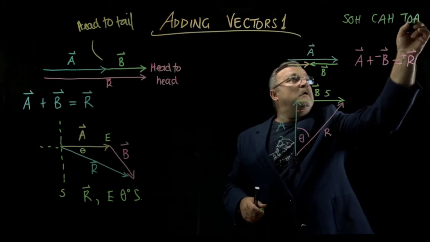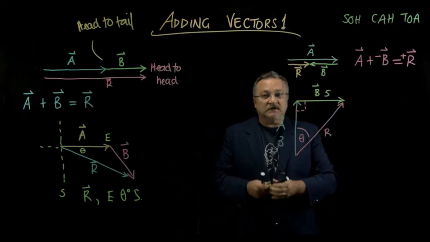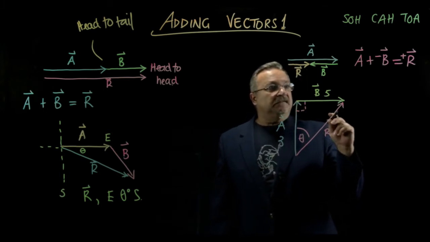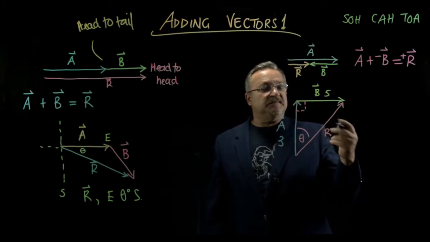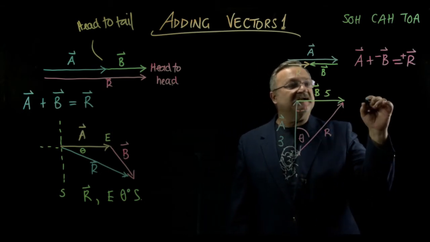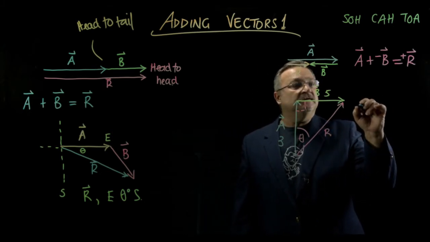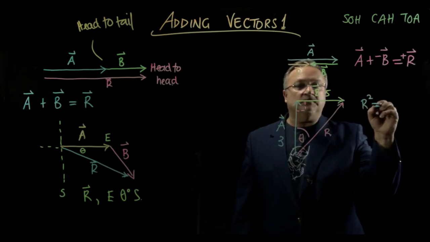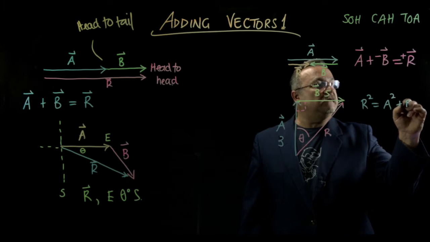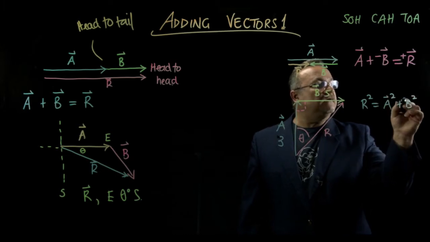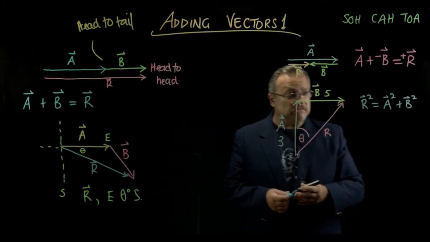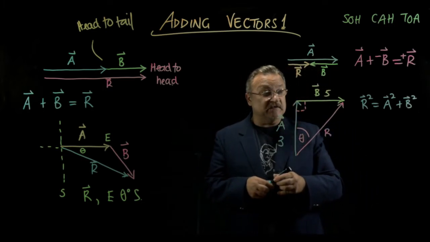Sine, cosine, and tangent. Now, the other thing we need to use here is, because it's a right angle triangle, we're going to use Pythagoras' theorem, and that is, if we say R squared equals A squared plus B squared, keeping in mind that all of these are vector magnitudes or vector values having magnitude and direction.